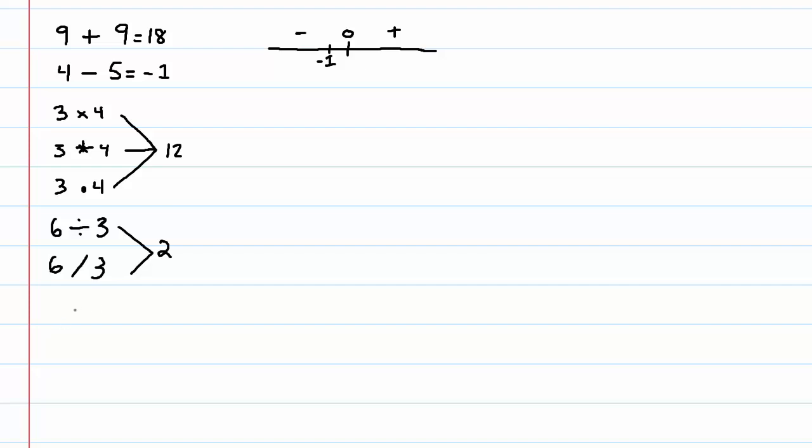We can square a number by raising it to a power, the power being 3 and the base being 2. But you might also see this with this symbol, and these should both be the same thing.